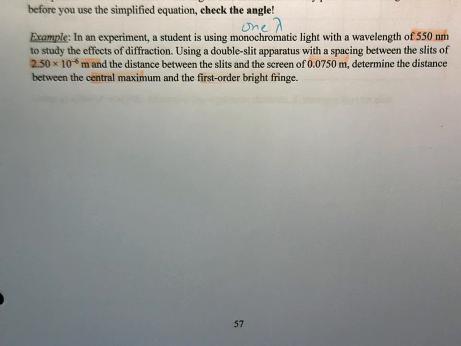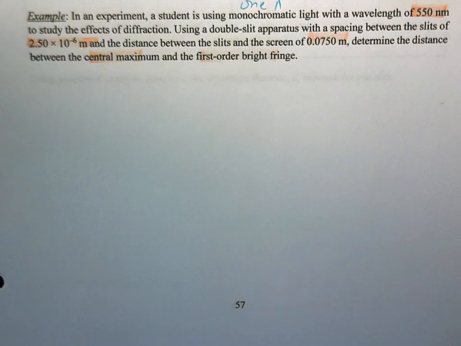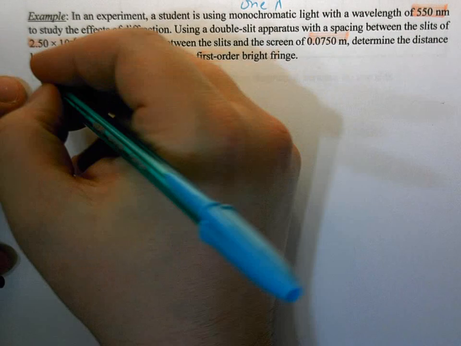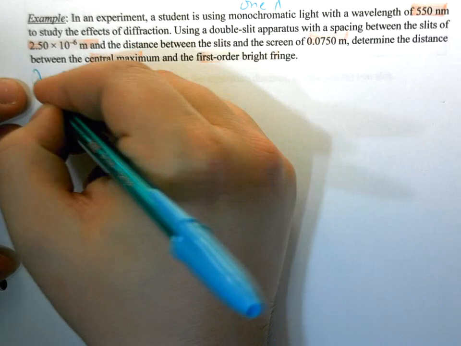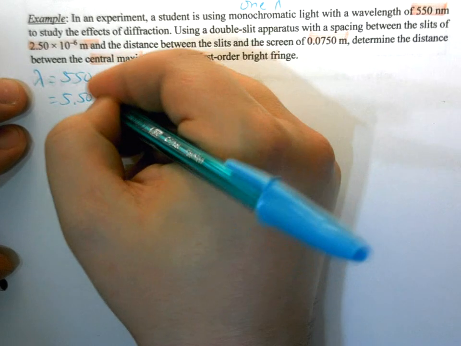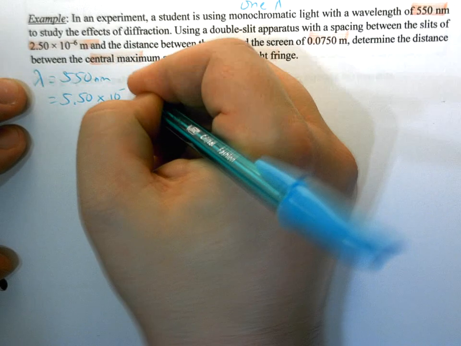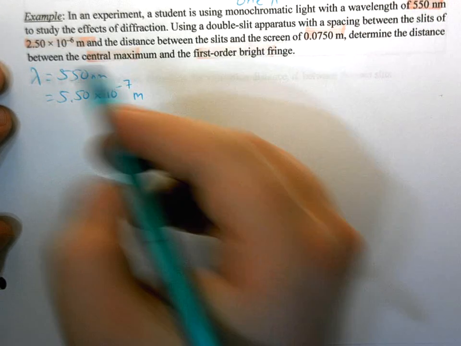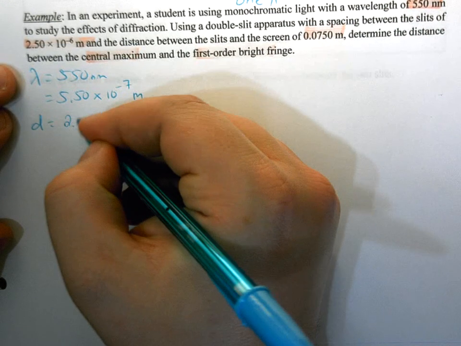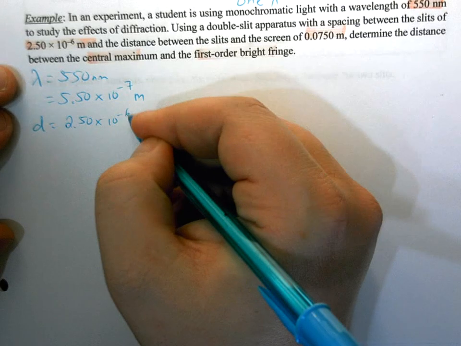Now, with all these diffraction questions having many different distances, let's write our variable list. So we know our wavelength is 550 nanometers, or 5.50 times 10 to the minus 7 meters. We are told the slit spacing d is 2.50 times 10 to the minus 6 meters.